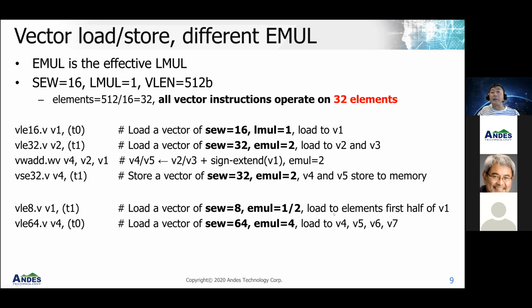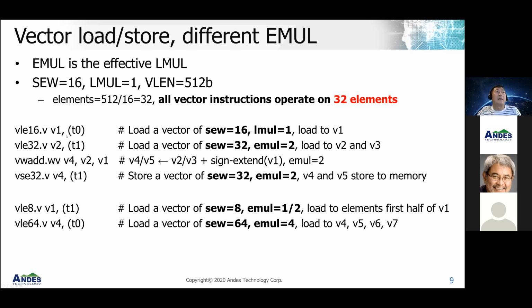It means that the 32 elements now only fit into the first half of V1, so you only use half. Or if you have E64, then the data is still 32 elements of 64-bit data loading into V4, 5, 6, and 7. And so that will remain the same.